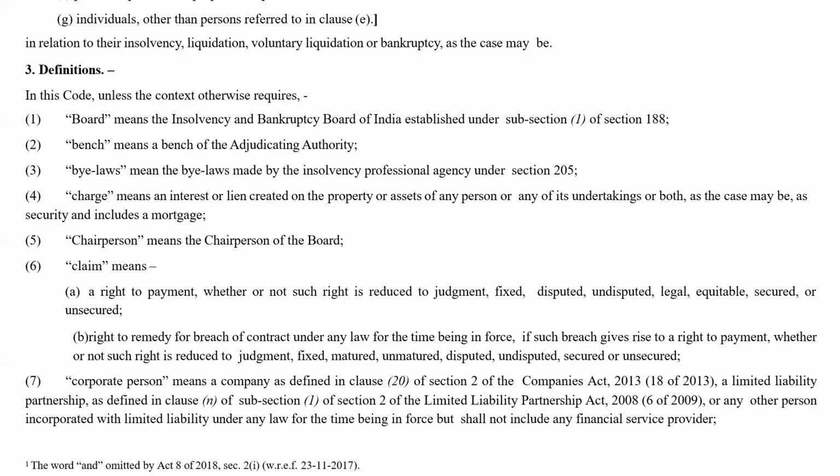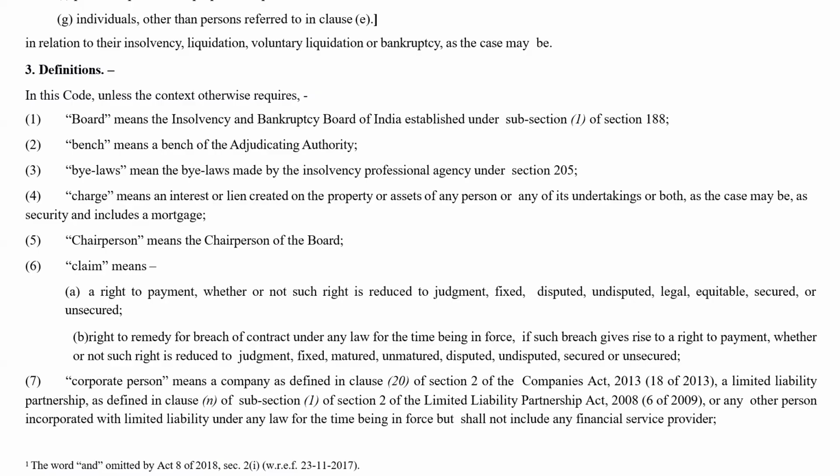So these are very basic definitions. Board means the IBBI. Bench means a bench of the adjudicating authority. Then there is a concept of bylaws. As I told you, one of the organs of this insolvency process is the insolvency professional agencies. So how many insolvency professional agencies are there as of now? Three, right?